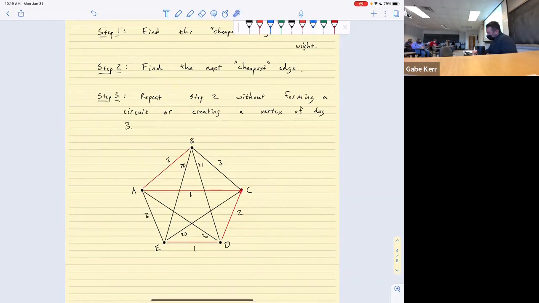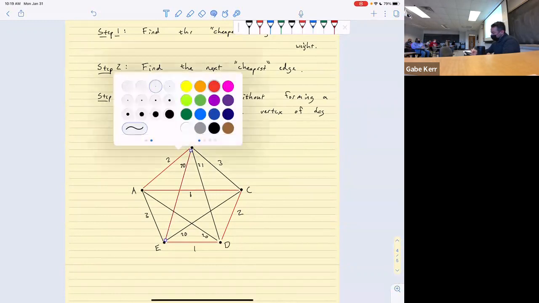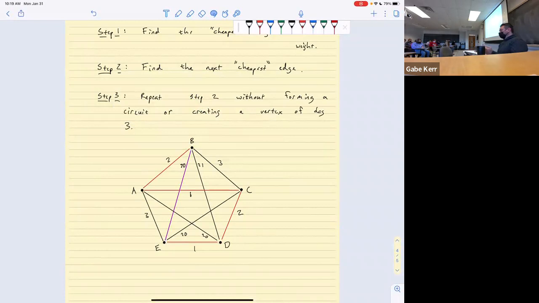Each of these vertices still has degree 2 in the red graph that I'm adding. I haven't formed any circuit. So now I've got a path, and I just have to add this edge to get a circuit. That's how this algorithm works. Of course, with this particular weighting, we never had to skip an edge because it made a circuit or a degree 3 vertex. So you have to be aware of that in other cases.